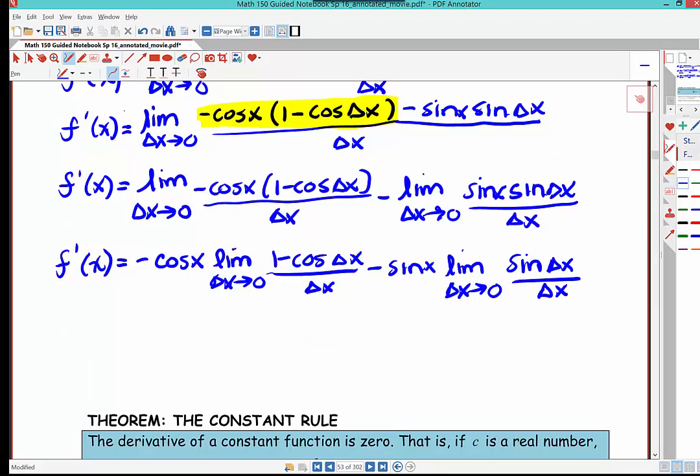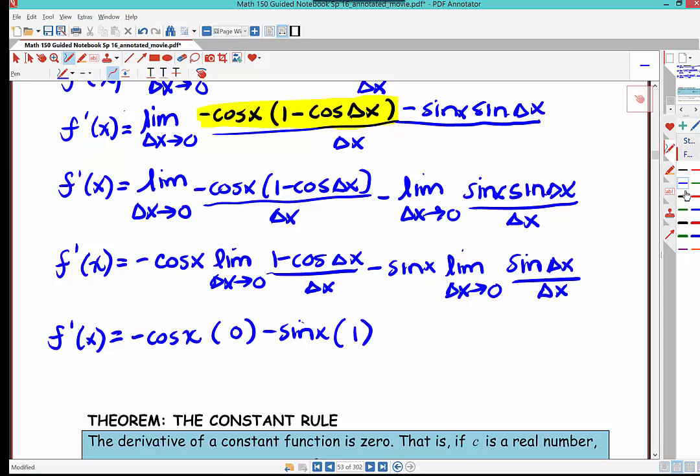Good so far? Awesome. So almost the end of the day, we'll get negative cosine at x times 0, minus sine at x times 1.